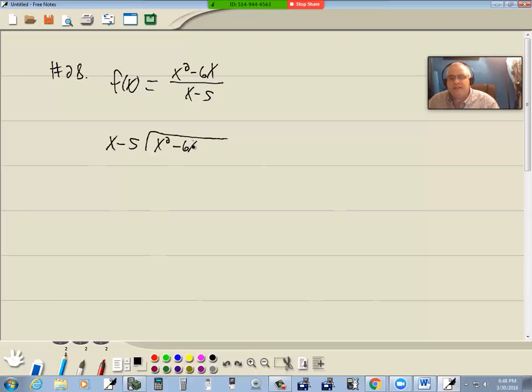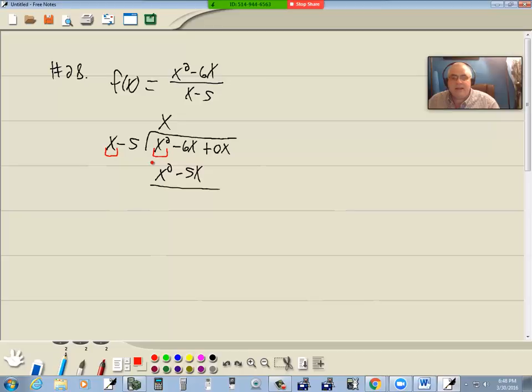Now notice what's missing here. We've got an x squared, we've got an x, but we don't have the constant term. So I'm going to put a 0 placeholder. Now remember the long division, we take a look at the first term of each, decide what to put up on top. We ask ourselves what times x gives us x squared, and that's x. Now whatever you put up on top, you're going to multiply by what's out in front. x times x is x squared. x times negative 5 is negative 5x.